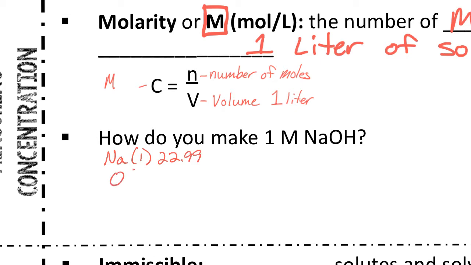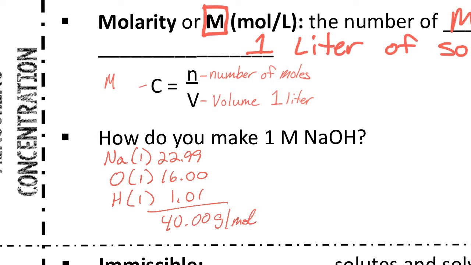We have 1 oxygen, 16.00. And we have 1 hydrogen. Add that all together and you're going to get 40.00 grams per mole. So that's step number 1, find molar mass.